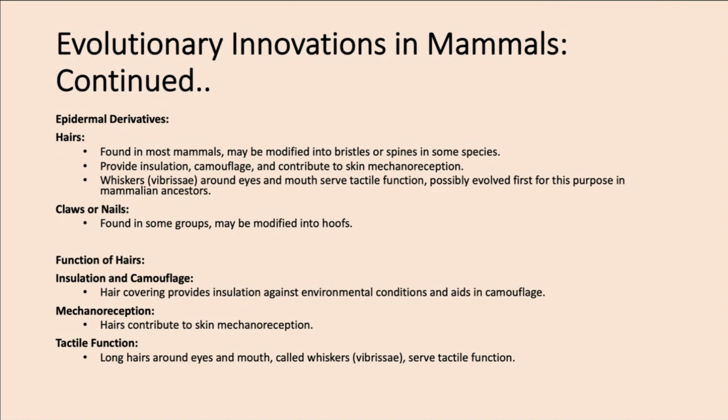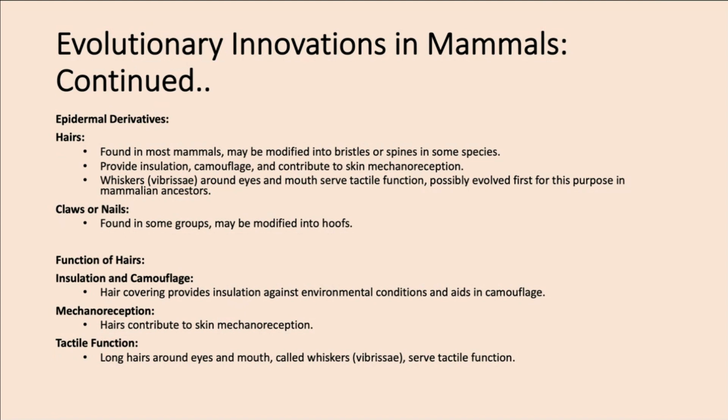Because they realize that if their whiskers can fit through an area, then they assume the rest of their body can also go through that area. These whiskers possibly evolved first for this purpose in mammalian ancestors, to have that tactile function and to figure out the proximity of things.